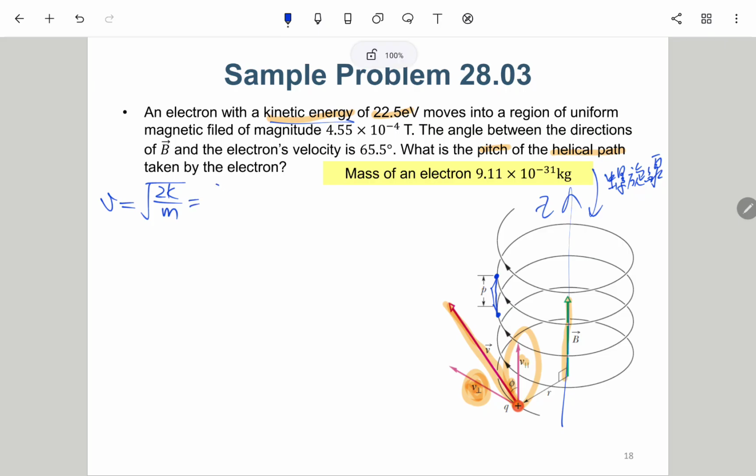So 2K is 2 times 22.5 eV, multiplied by 1.6 times 10 to the minus 19, over the mass of the electron, 9.11 times 10 to the negative 31. So this is 2.81 times 10 to the 6th power meters per second.